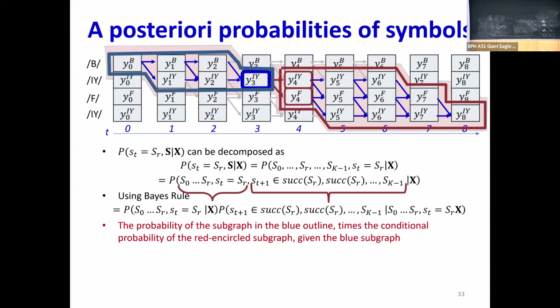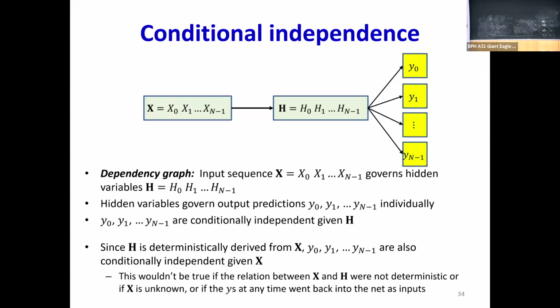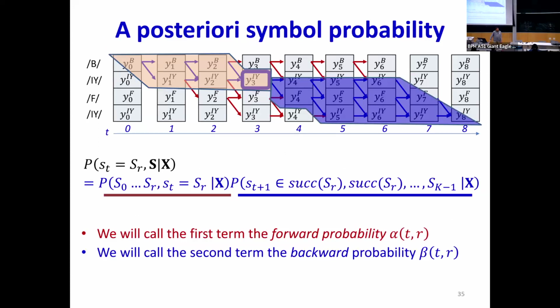The probabilities computed at each time are all independent of one another. So given this, you have this so-called conditional independence, because the inputs govern the hidden state, and the hidden state governs the probabilities.